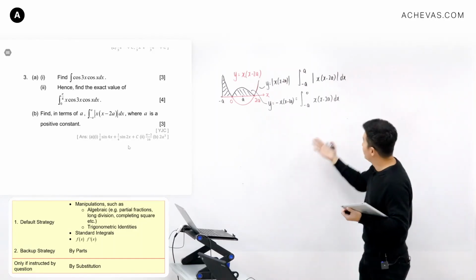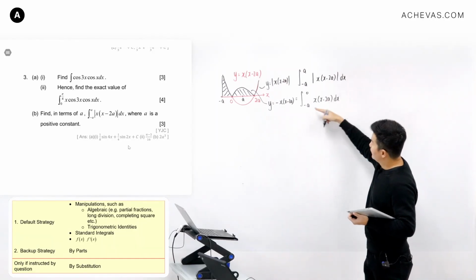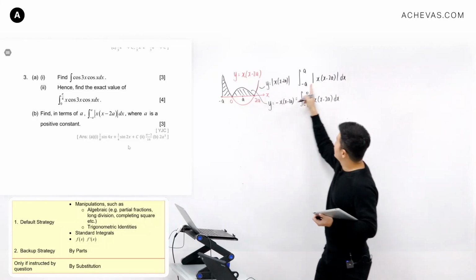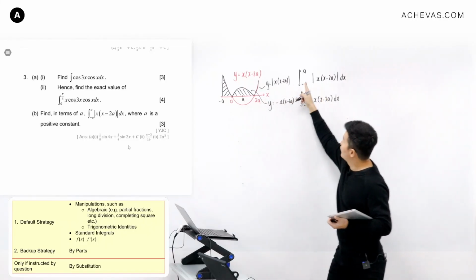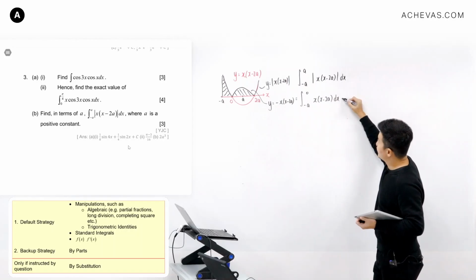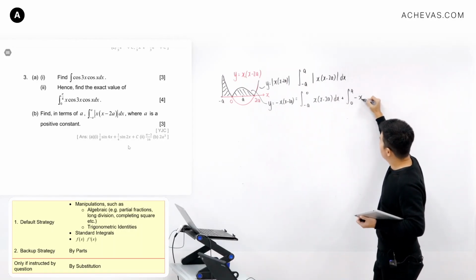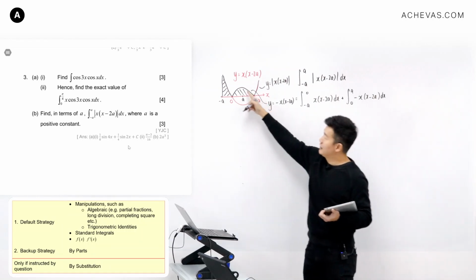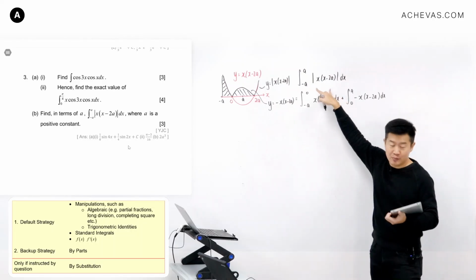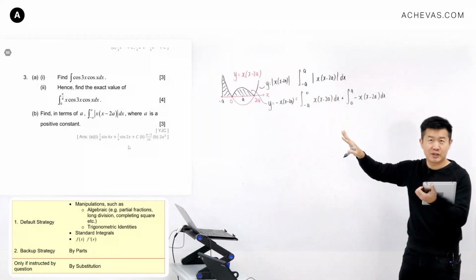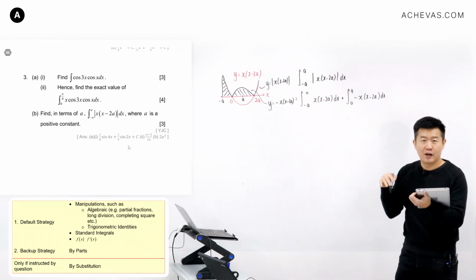That is why for the other portion, minus a to 0 is for this without the negative. But from 0 to a, we write it as the integral from 0 to a of minus x minus 2a, in order to get this area over here. So now we have managed to remove the modulus through our improvisation by making use of a graph.